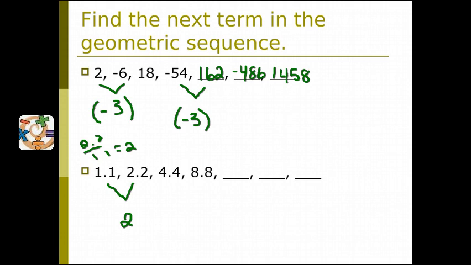And then that has to be the same throughout. So what's 8.8 times 2? 17.6. 17.6 times 2 is 35.2. And 35.2 times 2 is 70.4.